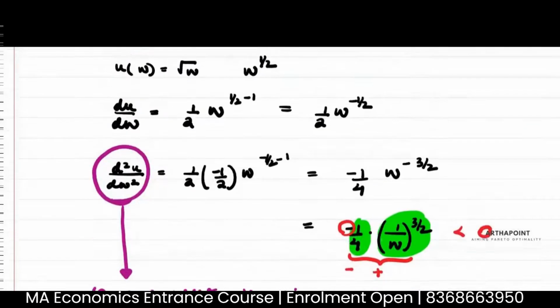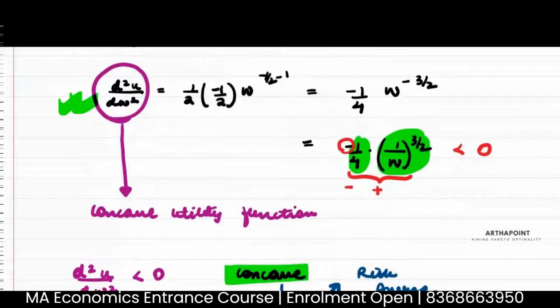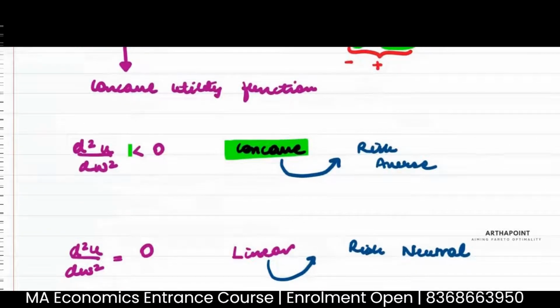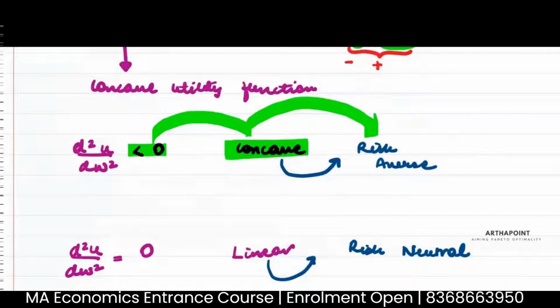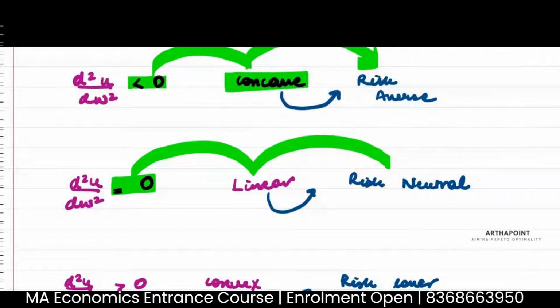Whenever you are given a utility function, you will double differentiate the utility function. If the double differentiation is negative, then it is a concave utility function, so the individual is risk averse. If it is 0, then it is a linear utility function, and the individual is risk neutral.